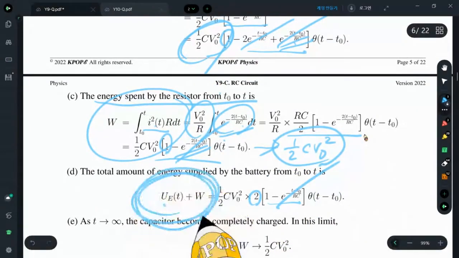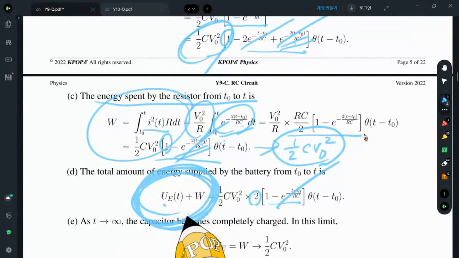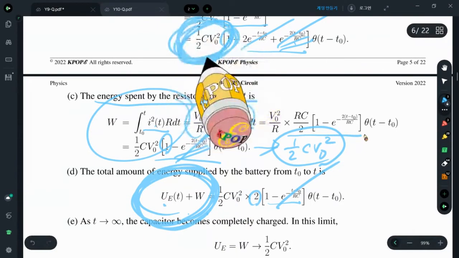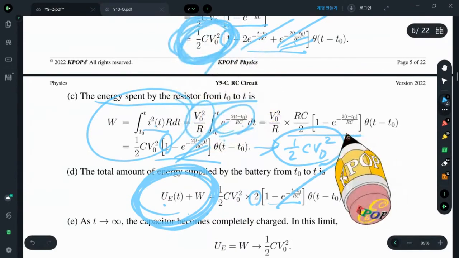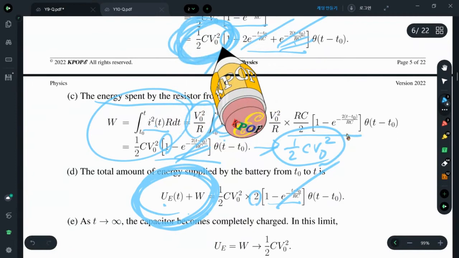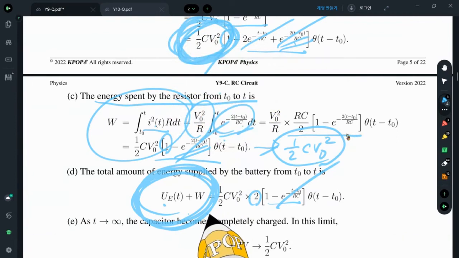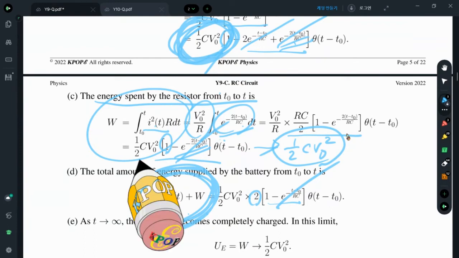So this is the total energy transmitted from the battery, right? But what you have in hand, the saved energy inside a capacitor, is only 1/2 of it. So it is natural to lose your energy.